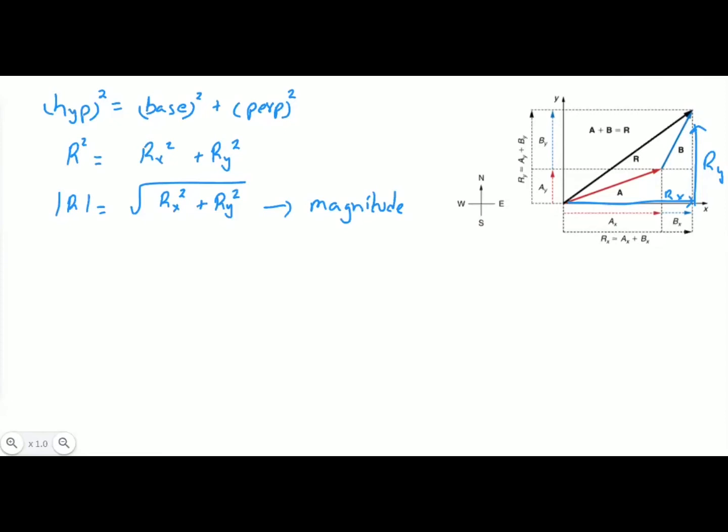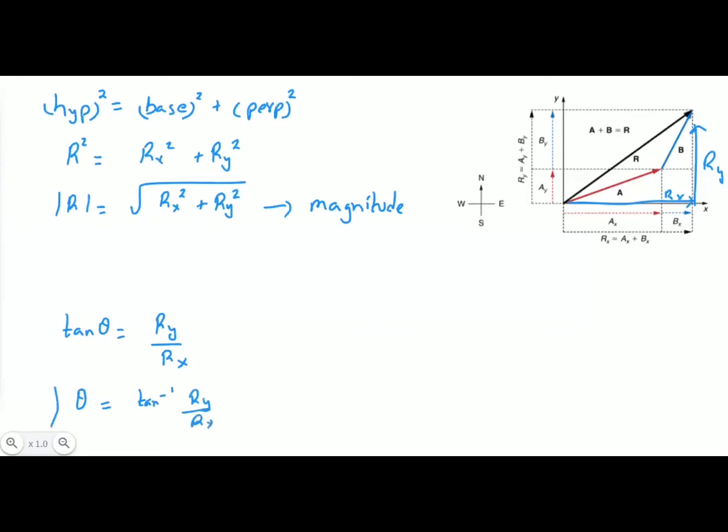And to find out the direction, we will use the tangent ratio. So tan theta will be equal to perpendicular over base, where the perpendicular is RY and the base is RX. So from this, theta will be equal to tangent inverse of RY over RX.